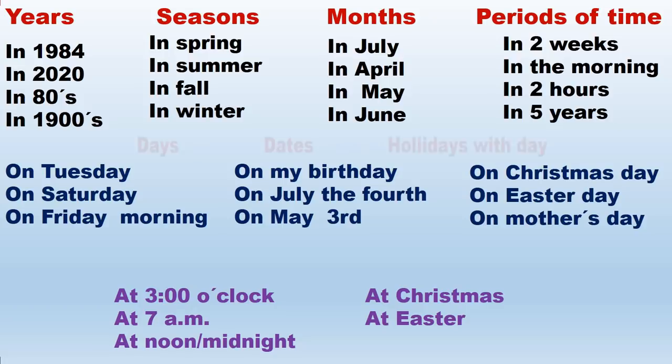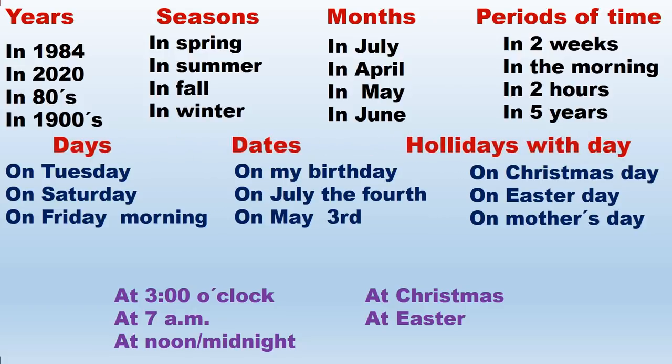On the other hand, if you're talking about days, dates, or holidays with day, then you're going to use the preposition on. Example, if you're talking about days, you say on Tuesday, on Saturday, on Friday, on Thursday, on Wednesday, etc. And if you're talking about dates, it's pretty much the same.